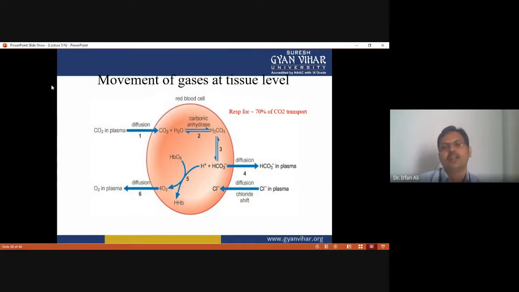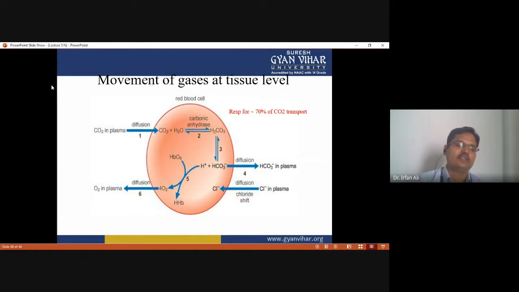Now when the concentration of bicarbonate ion increases in the RBC, it diffuses out into the plasma. Okay, and this process can affect the electrical neutrality of the blood. Therefore, to maintain electrical neutrality, the chloride ion diffuses into the RBC, and this process is called chloride shift.